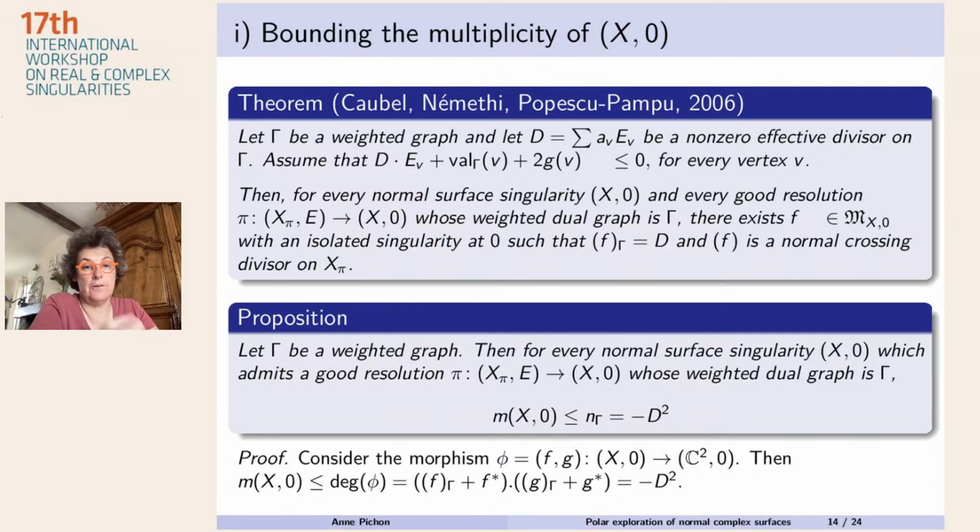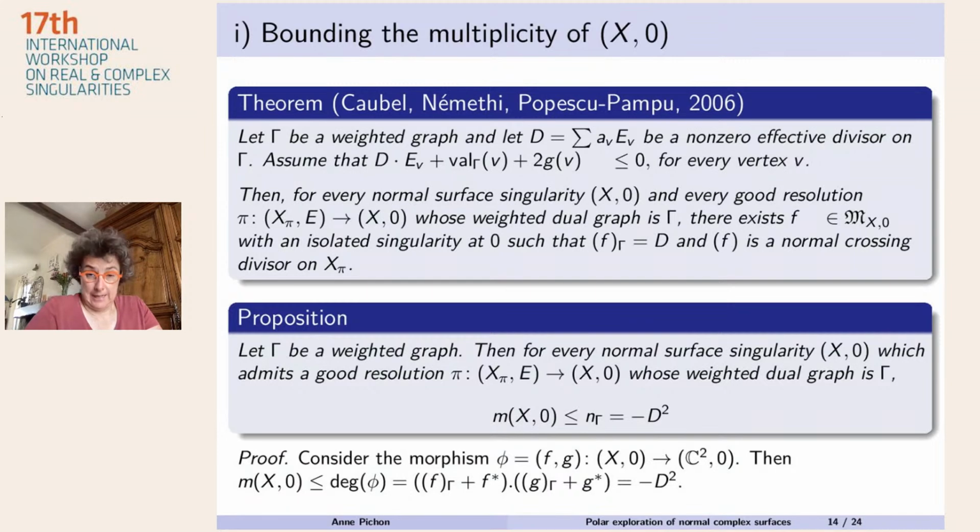It is a topological datum because it only depends on the valency of the vertices, the genus of the vertices, and the intersection matrix.